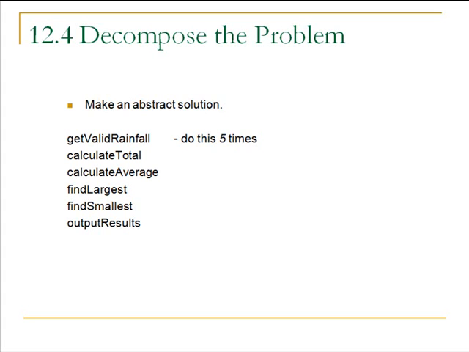And then I have a function called calculate the total, another one calculate the average, find the largest, find the smallest, and then output the results. So the main function will have much less congestion in it because we're breaking the entire problem into all of these sub-problems. Let's go to the development environment and start to solve this, and I'll flip back and forth to these slides so that we don't lose track of what the spec was.